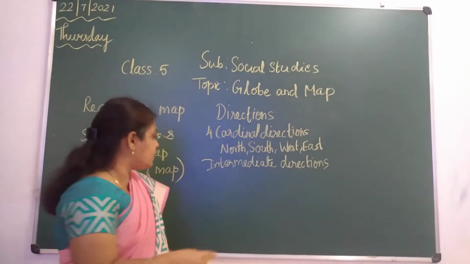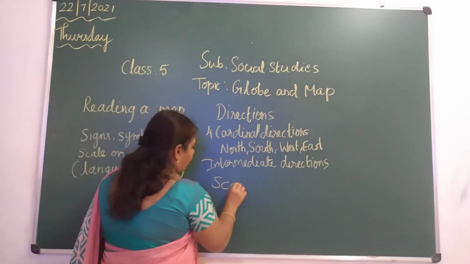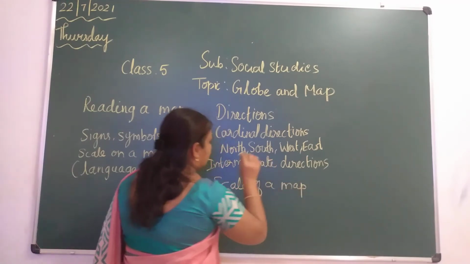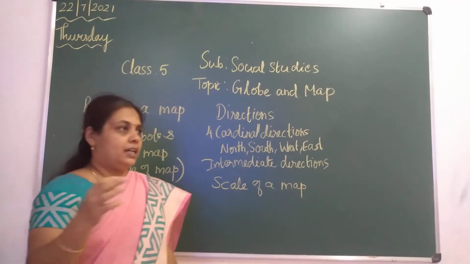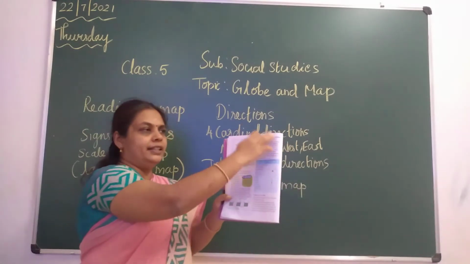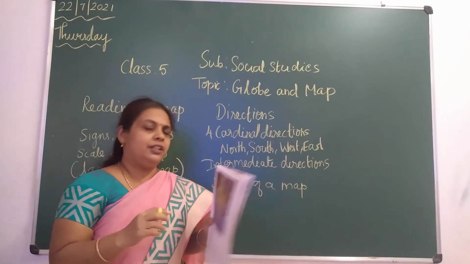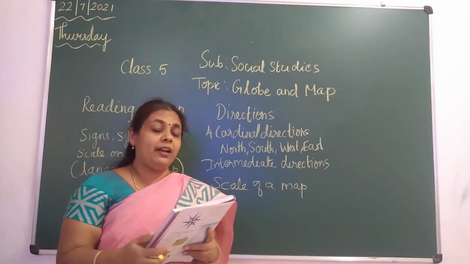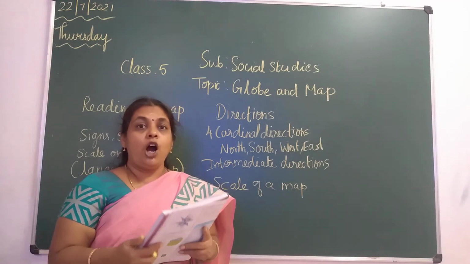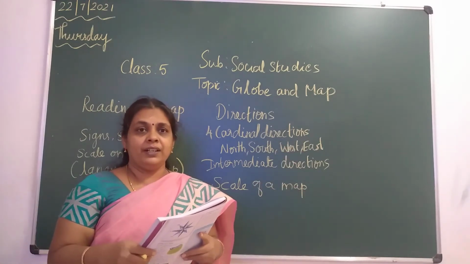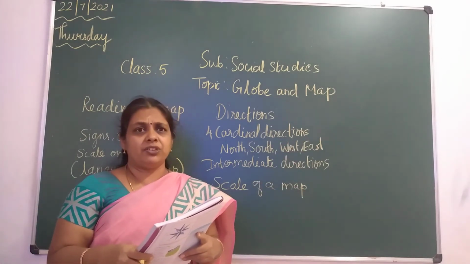The next one is scale of a map. I showed you in the atlas India as if in an A4 sheet. See, you could have observed here, like in an A4 sheet. Have you imagined how big India is, how big the earth is? Yes, it's very vast, children.